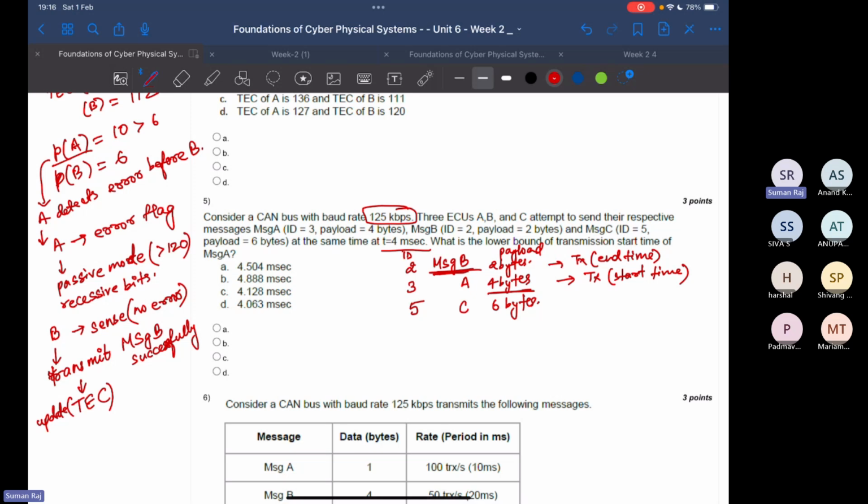And make sure that this also you take into account, because this is your periodicity, I guess. Let me just check. Yeah, right.